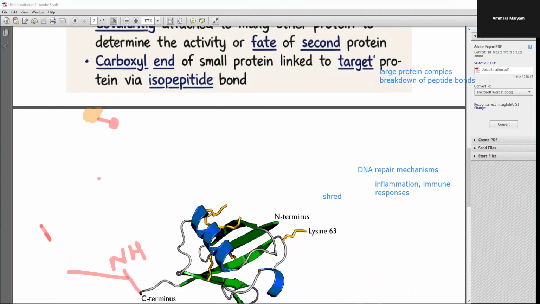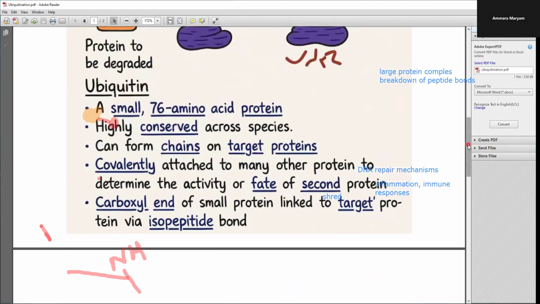the isopeptide bond. Now, this ubiquitin itself is a small protein that is made up of 76 amino acids, and it is highly conserved in all eukaryotic organisms.